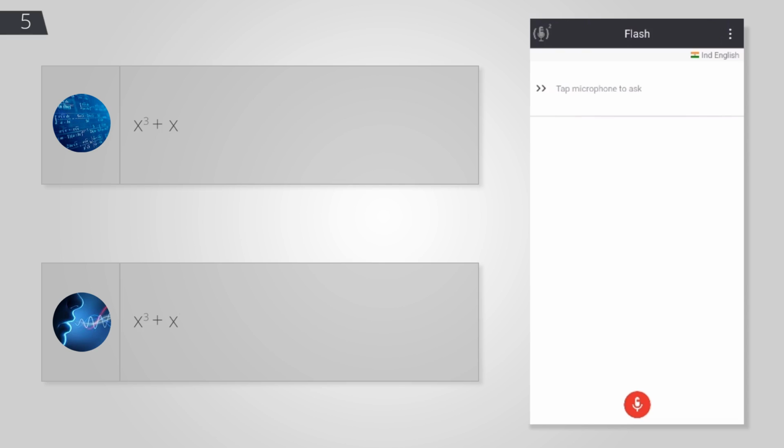x to the power of 3 plus x squared y plus xy squared plus y to the power of 3.